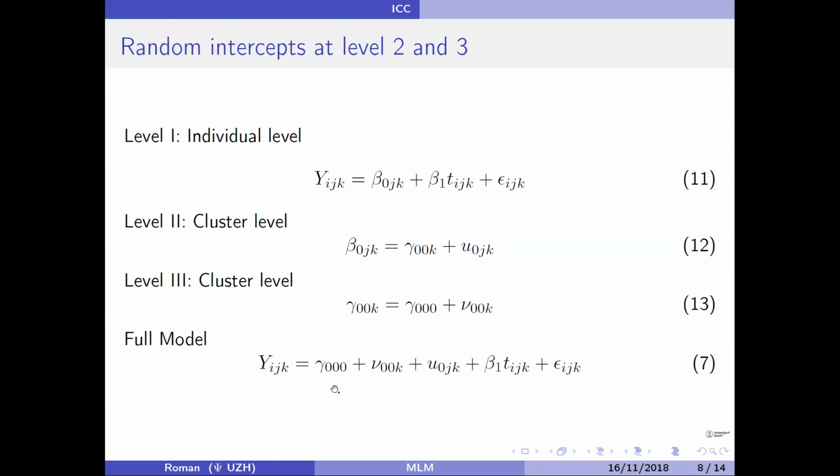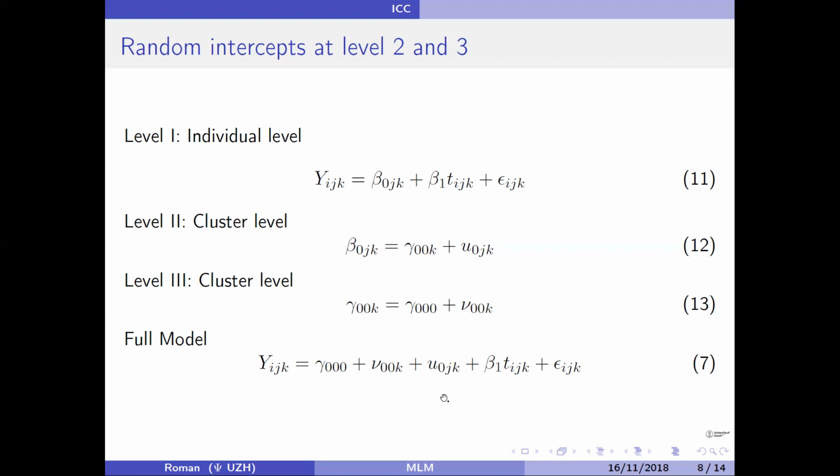So we have the overall expected mean of all participants at time 0, the overall expected mean of the variance of the overall expected means due to the therapist, and then the overall variance in the expected means due to each individual client.